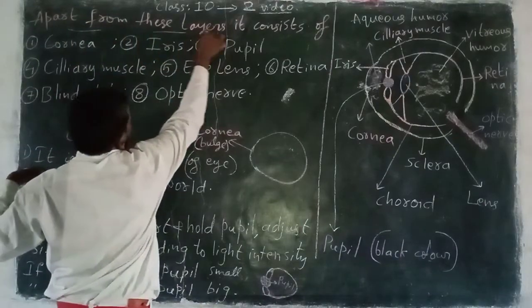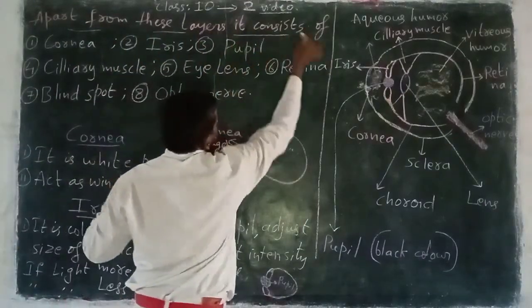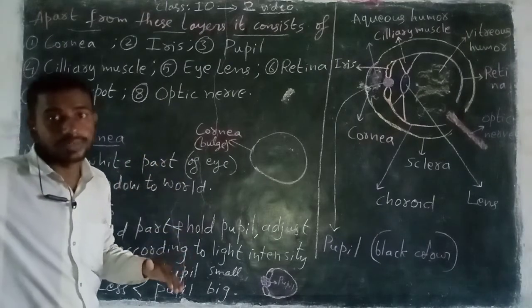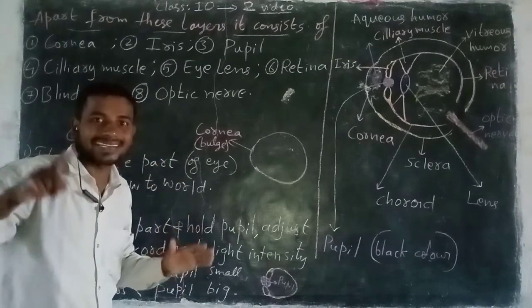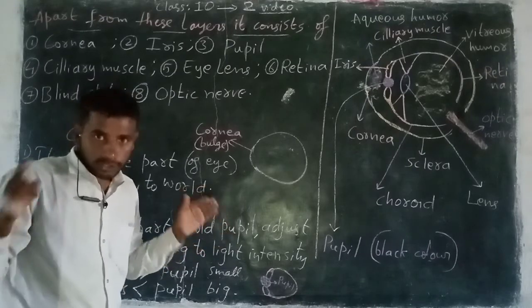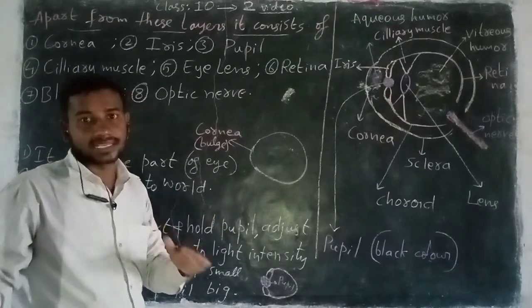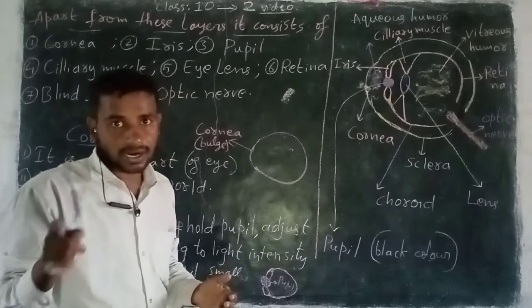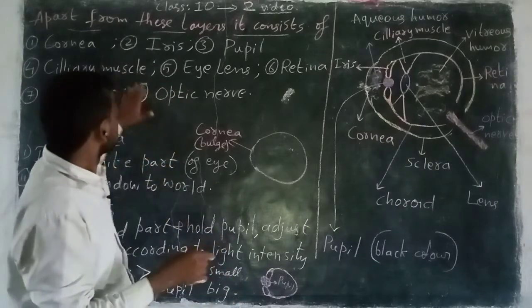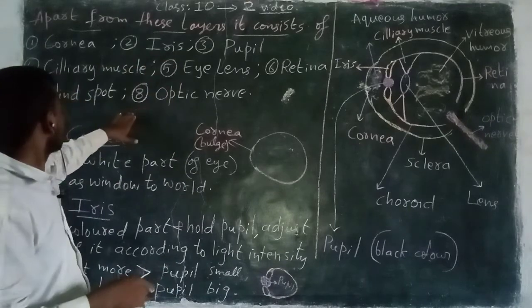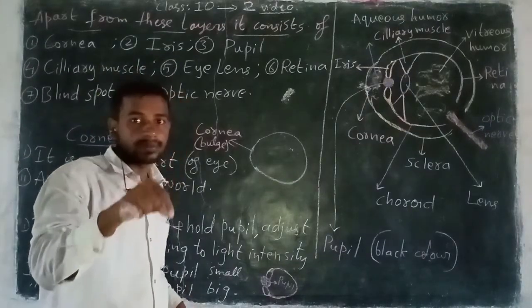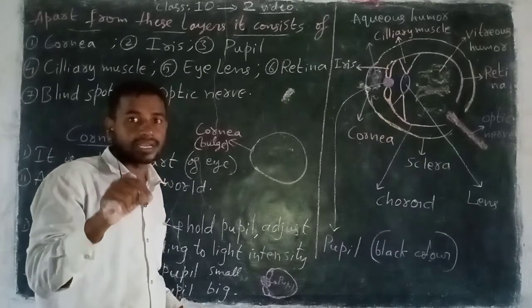Apart from the layers we spoke about yesterday, I mean sclera and choroid, there are other parts. Nearly 8 parts are contained by the eye.